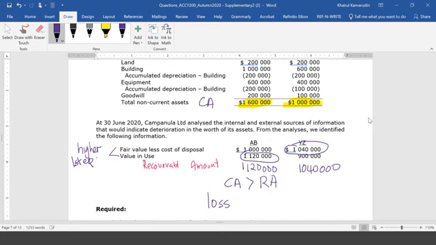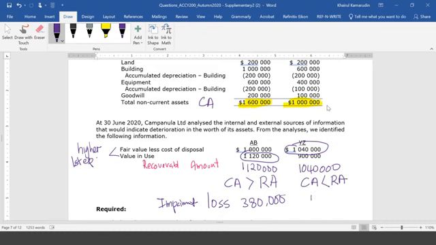What is the impairment loss? The impairment loss will be 1600 minus 1120, that is 380,000. For the second one, your carrying amount is lesser than your recoverable amount.